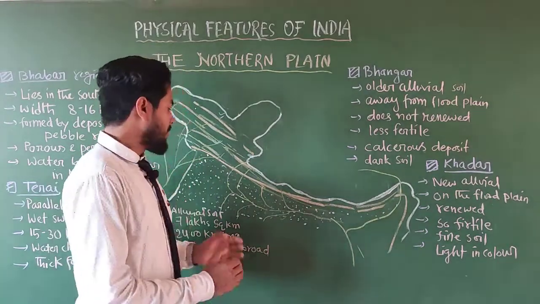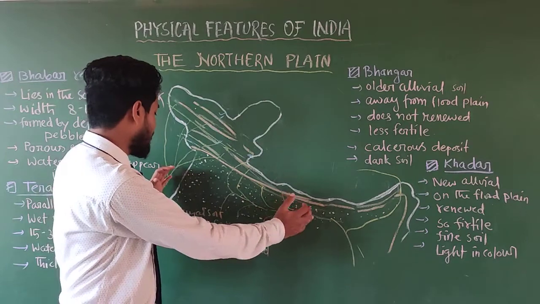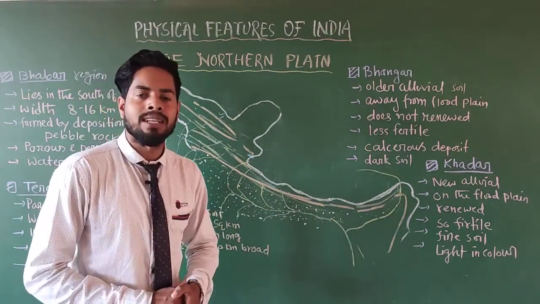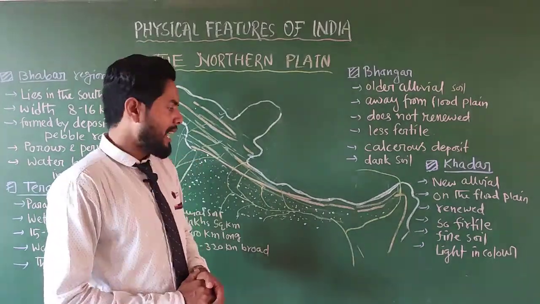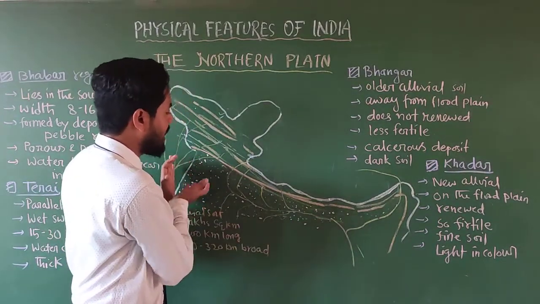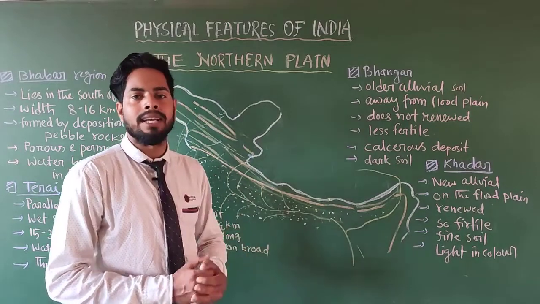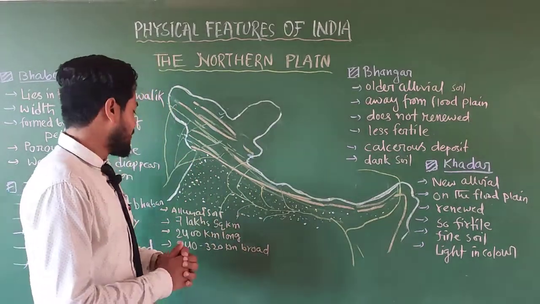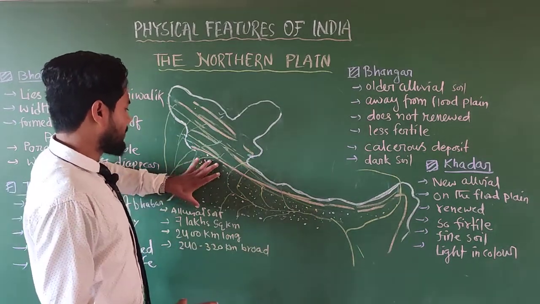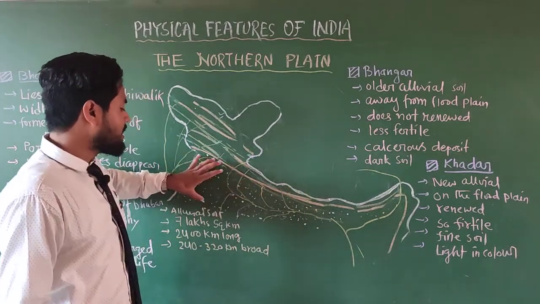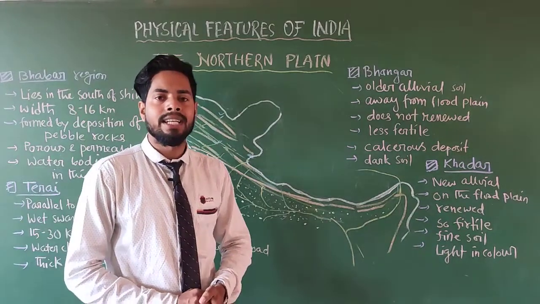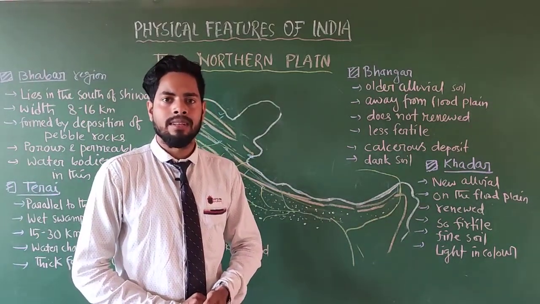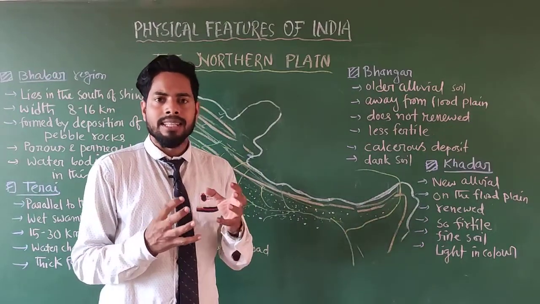The length of the northern plain is the same as the length of the Himalaya, 2400 kilometers, and the total area of the northern plain is 7 lakh square kilometers. Its width varies from 320 to 240 kilometers.